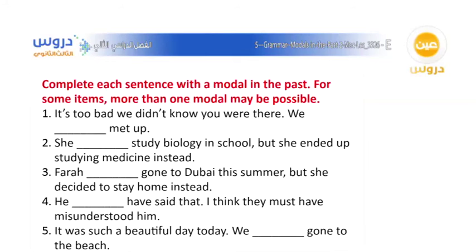Thank you. Hiba, 2. She blank studied biology in school, but she ended up studying medicine instead. Should have, well, she should have studied. Look, should have cannot fit in here.